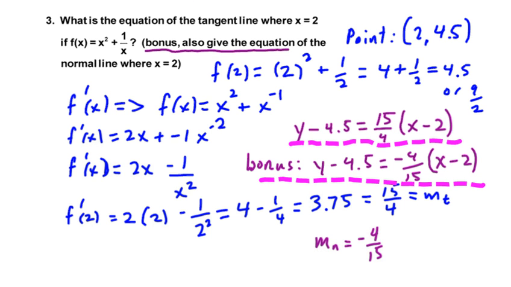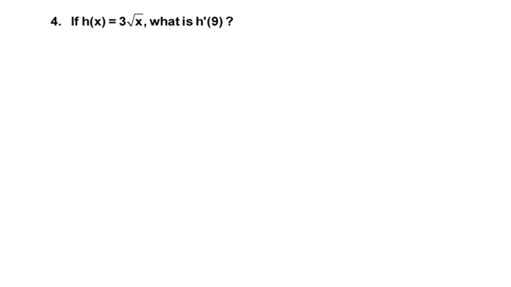Okay. Next, problem 4. If h of x equals 3 square root of x, what is h prime of 9? Well, for that, we're going to say h of x is equal to 3 times x to the 1/2 power.